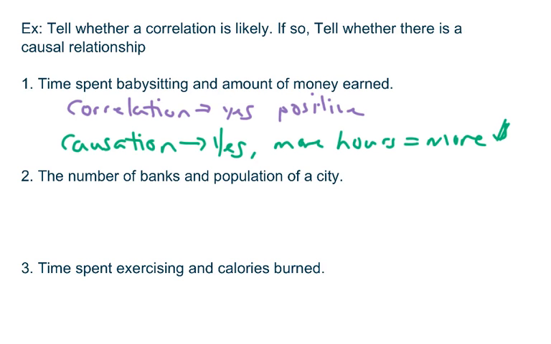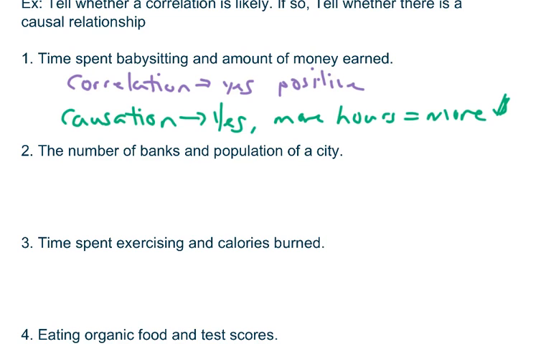Question number 2, the number of banks in a population of a city. Is there correlation? Does the number of banks increasing tend to show a population increase? This one's a little harder to say. I'm going to say possibly.